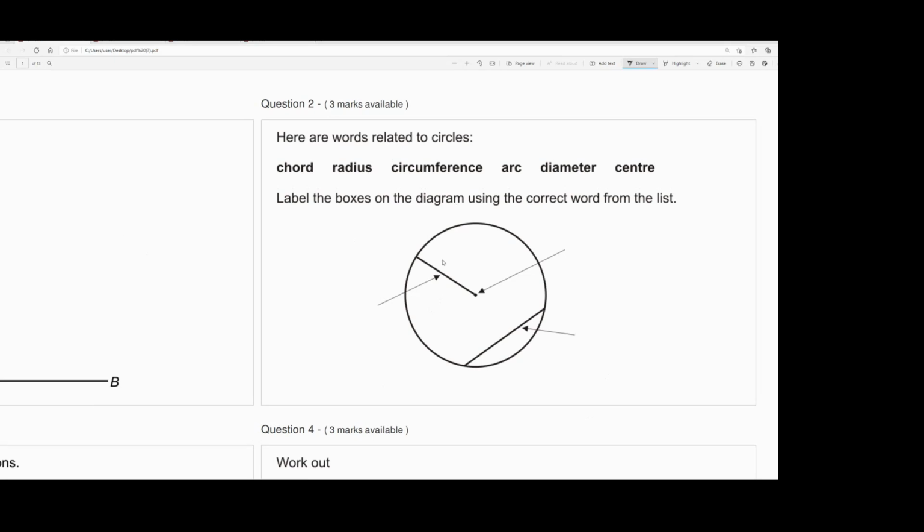Okay, so from the middle to the edge, do you remember what that is called? So from the center of the circle to the edge of the circle. So that one is the radius.